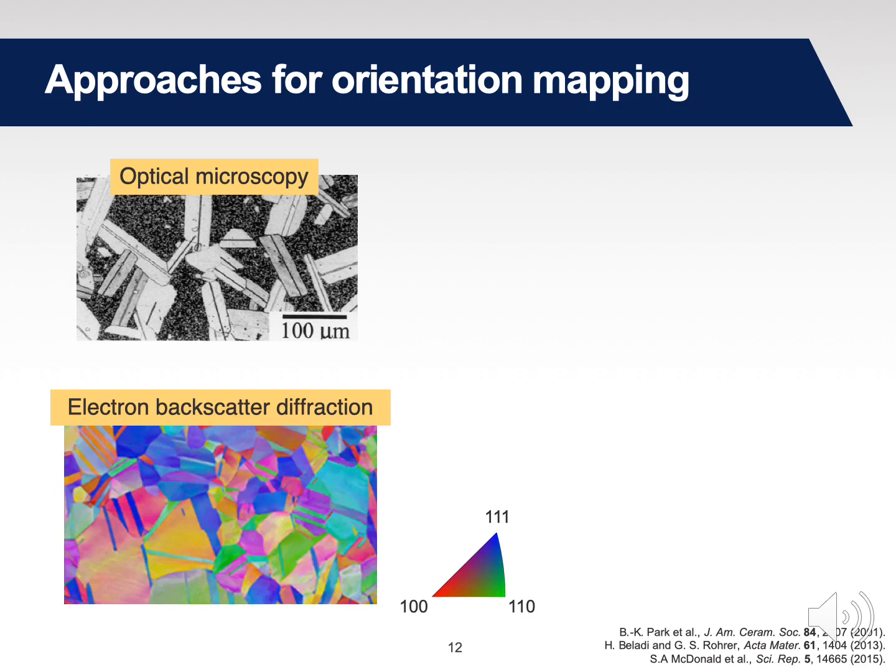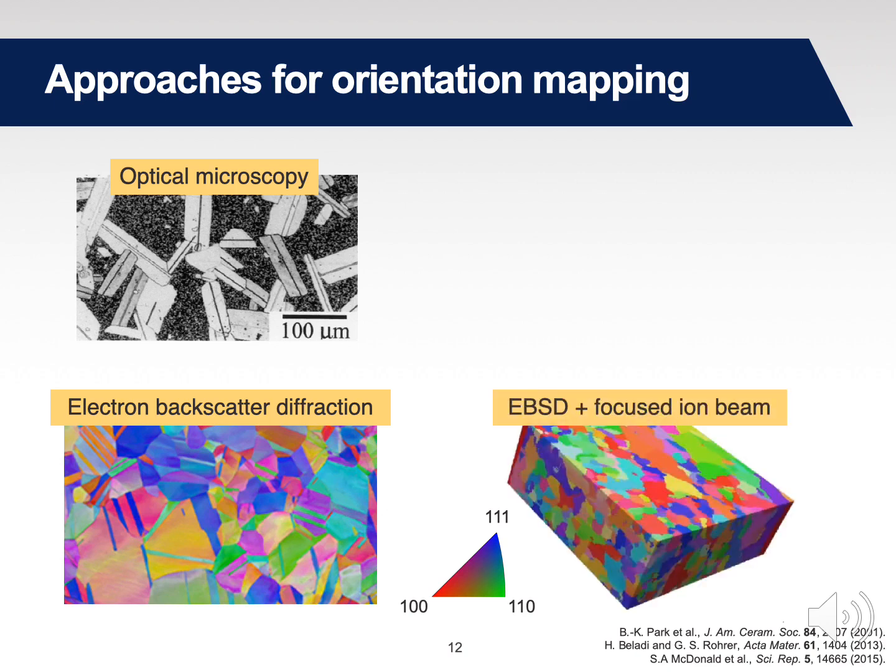So the colors here represent the grain orientations. However, from these destructive probes, it's very challenging to infer or reconstruct the dynamical events that led to abnormal grain growth in the first place. And one could also couple this with a focused ion beam to capture the three-dimensional network, but again, this too is destructive.